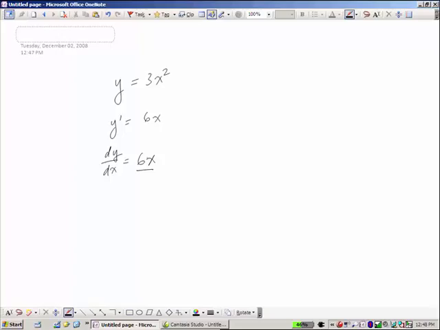All right, so we're going to start looking at functions that are related to each other, but not necessarily directly related to each other. They might be related to each other through another variable.